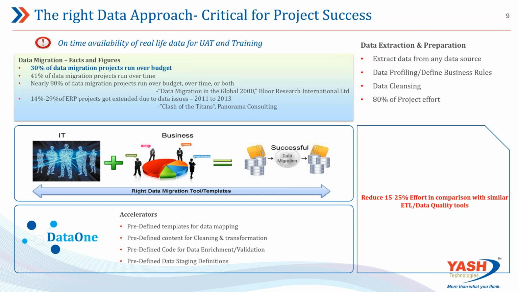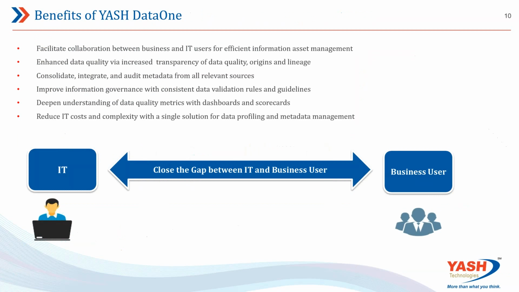In a typical rollout project, there is also the availability of the organization's data itself for UAT and training purposes. A few benefits, like I mentioned: collaboration between the business and IT, and improvement in the data quality.